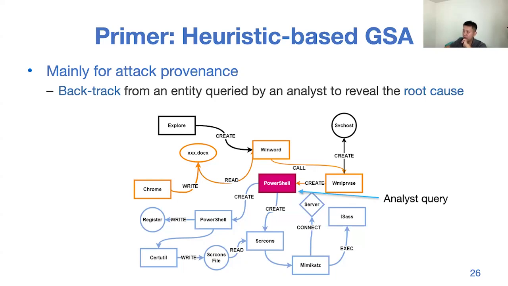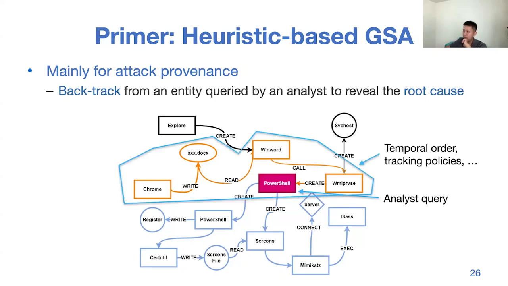It goes one hop, two hops, three hops, and carves out these subgraphs, and then later applies some tracking policies and identifies that Chrome is the initial starting point of downloading these Word documents and further running the PowerShell commands.